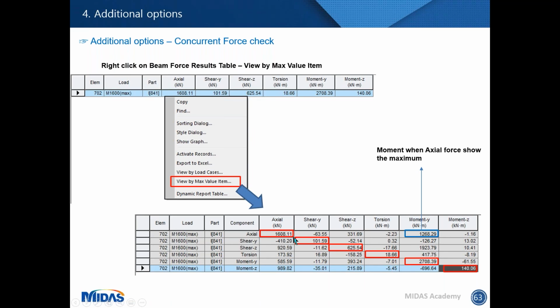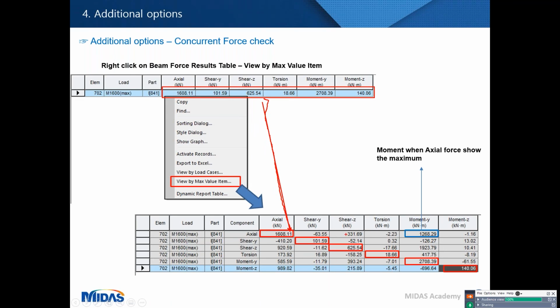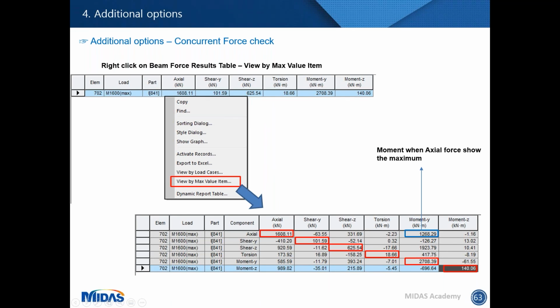So red rectangle is showing the maximum value here, like this. So it is showing the same maximum value, and other values are showing concurrent forces. For example, for this value, when actual force is showing the maximum, under the same location of the vehicle, it is showing bending moment value. Okay, so this is useful option to design the bridge.